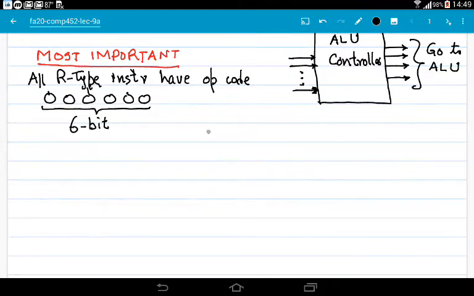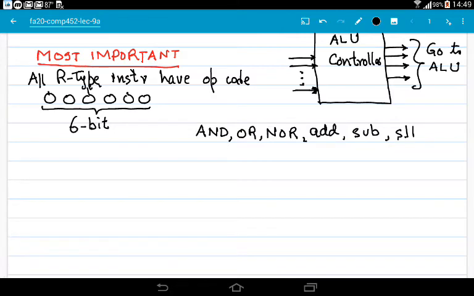So it means the instructions that our MIPS processor is implementing, which are AND, OR, NOR, add, subtract, and SLT, all these instructions will have an opcode of 0.